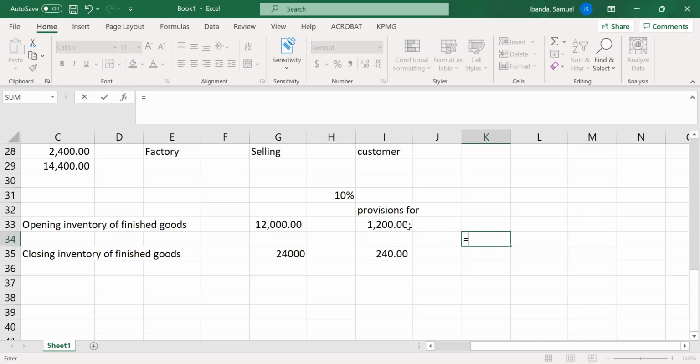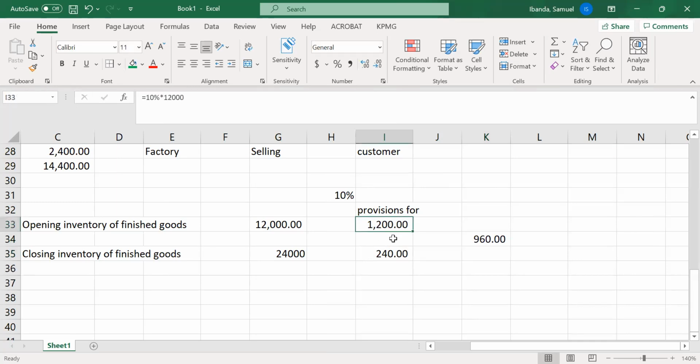You can do this in an account: draw up the account for provision for unrealized profits, and this will be your balance brought down, and this will be your balance carried down. The amount that you take to the P&L is the balancing figure, and more likely it will be the 960, which will be the difference between the debit and the credit side. Ideally, that is what you would take to your P&L.